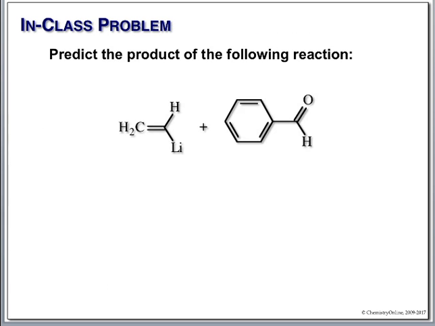So let's look at an example. Here we have a vinyl lithium compound and benzaldehyde. Just quickly jot down the structure of our atoms. I like this one because it's difficult to conceive unless you kind of understand what's happening.